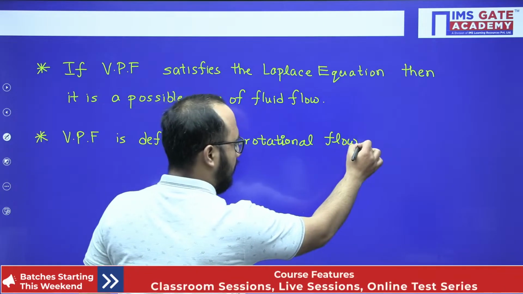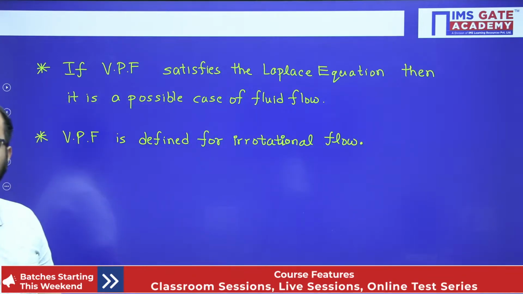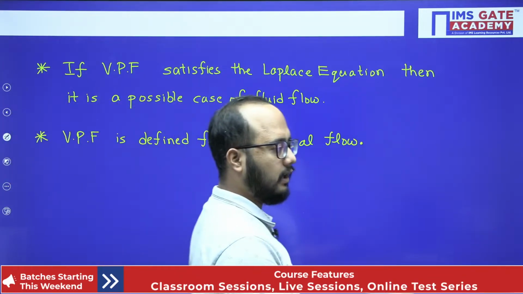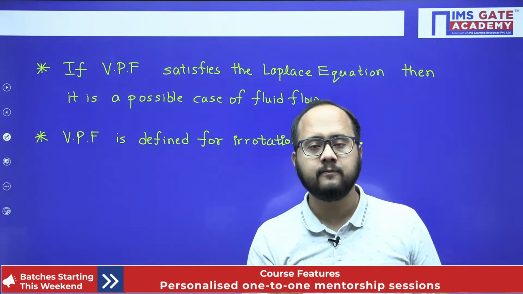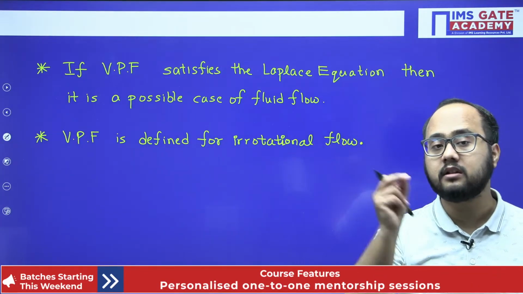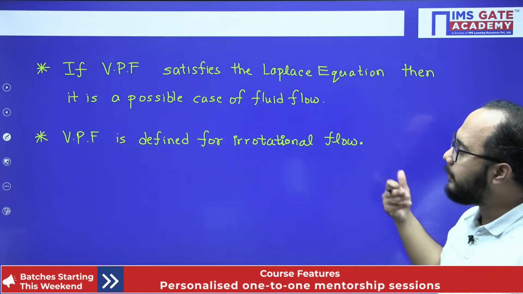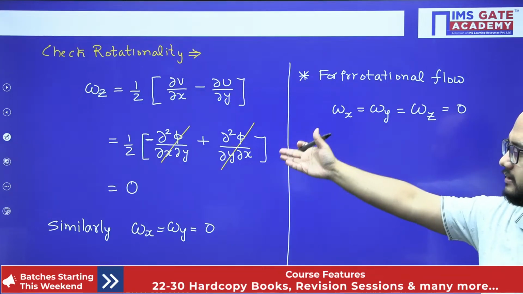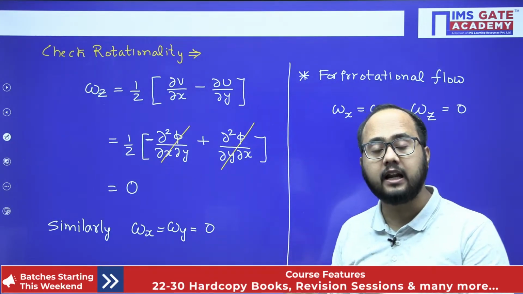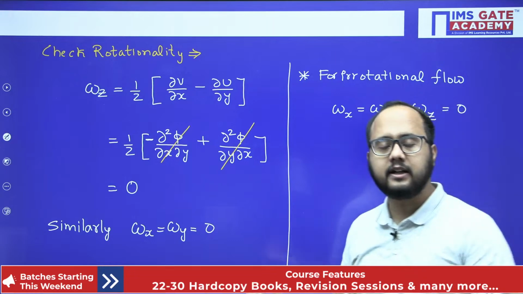Very important point. If someone asks whether the velocity potential function exists for rotational or irrotational or both, you should say it is always applicable for irrotational flow, because it is by default irrotational. We have checked, right? Omega z, omega x, omega y, all values are individually 0.